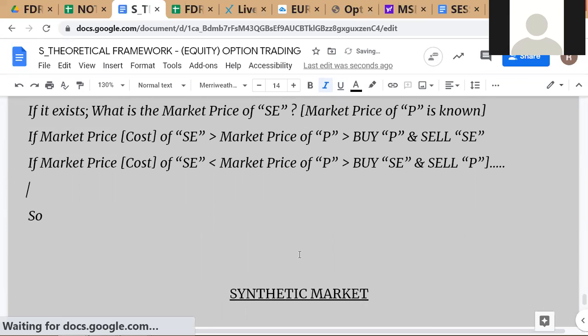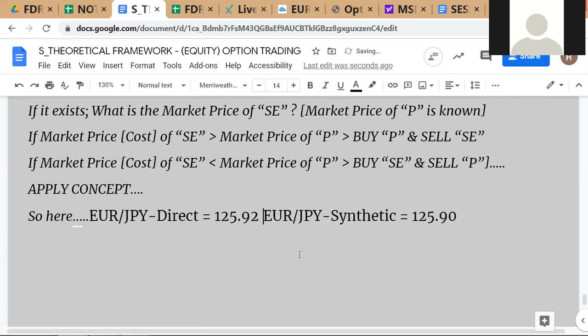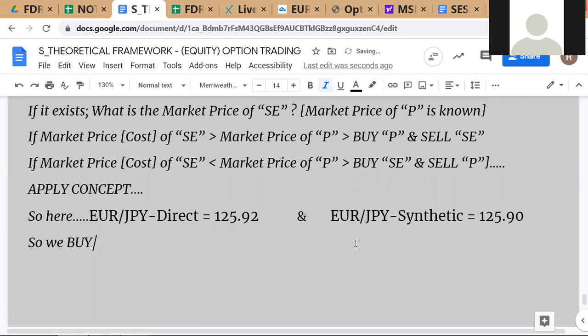So I apply it, apply the concept. So here we buy synthetic at 125.90 and have it in capital percent.